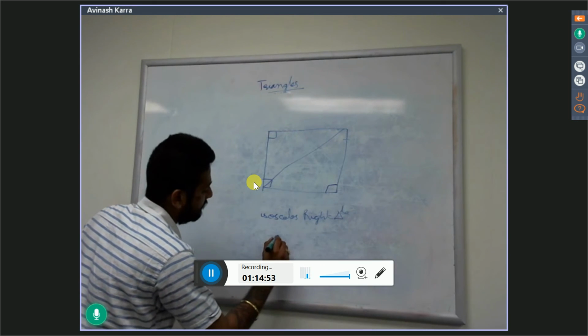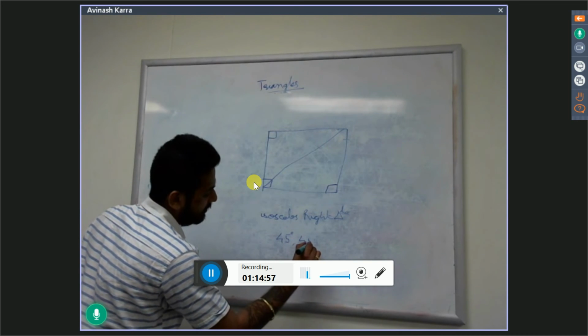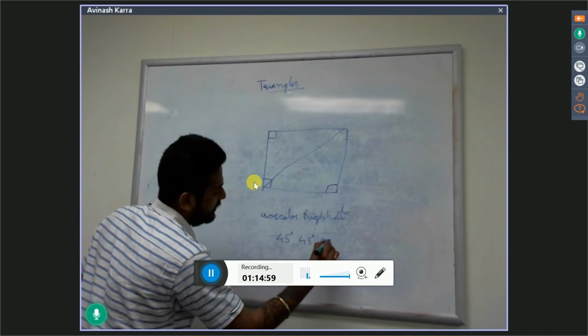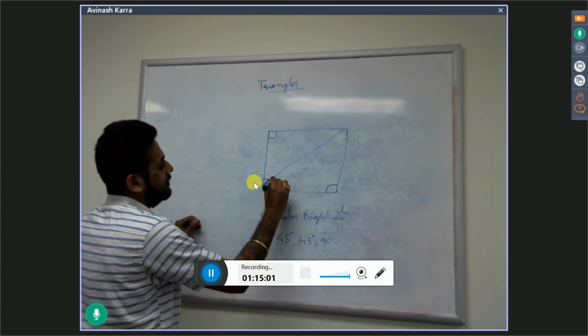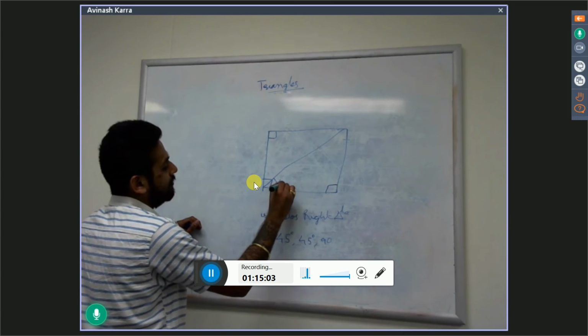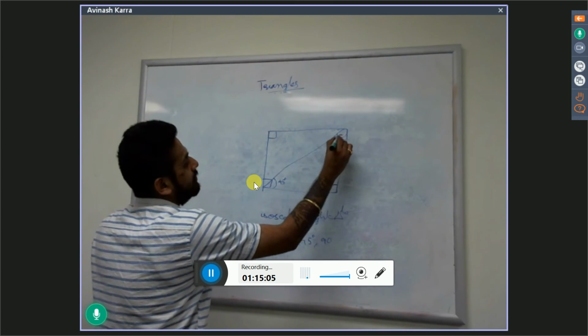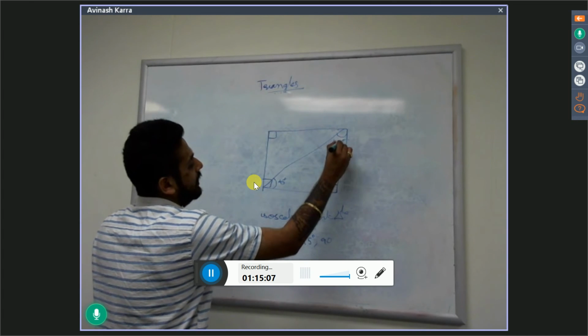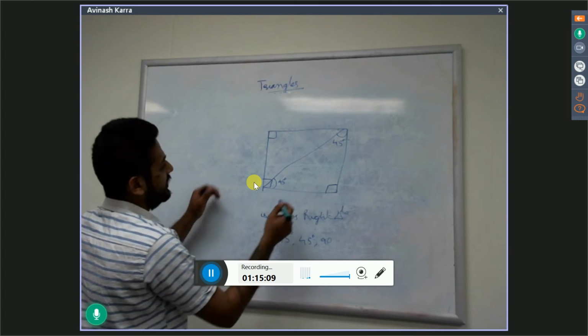What is an isosceles right triangle? What are the angles? 45, 45, and so this angle will be 45, this angle will be 45, and this angle is 90.